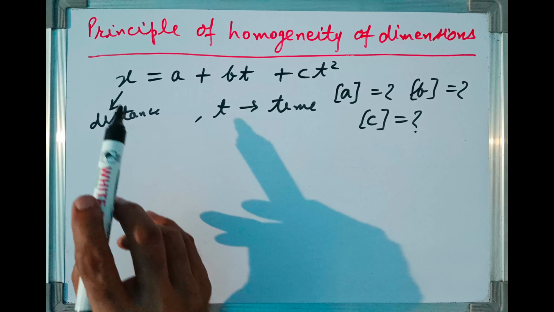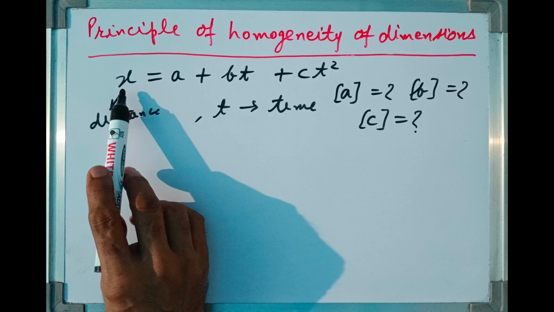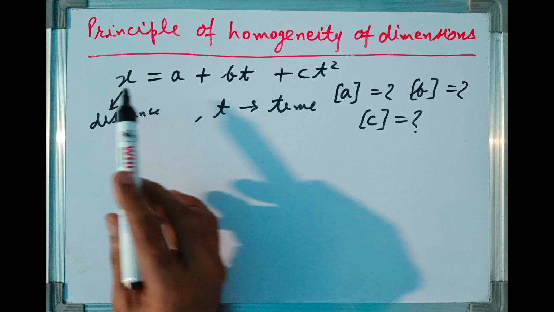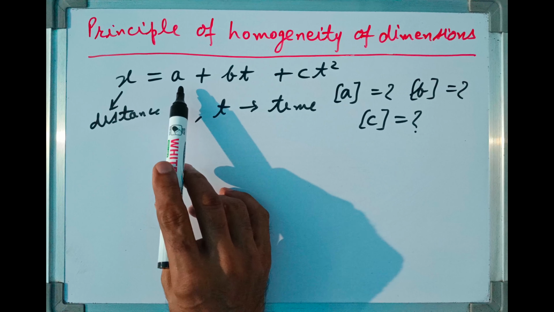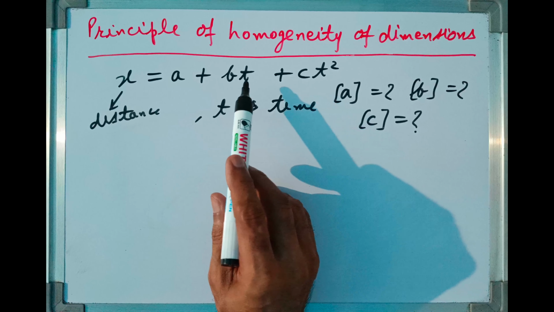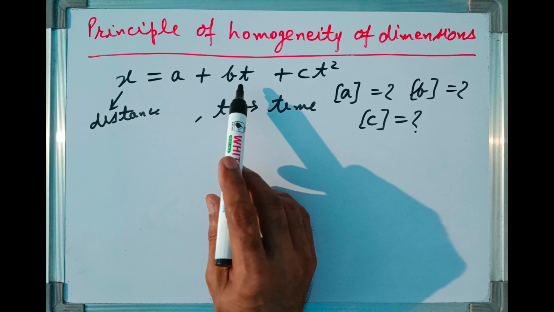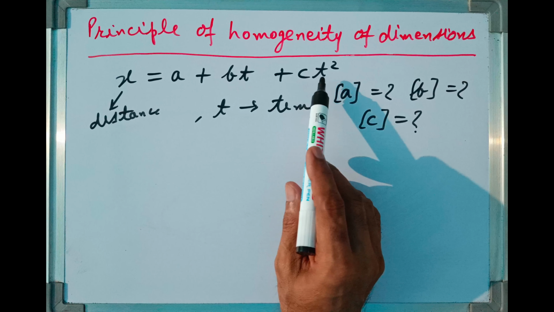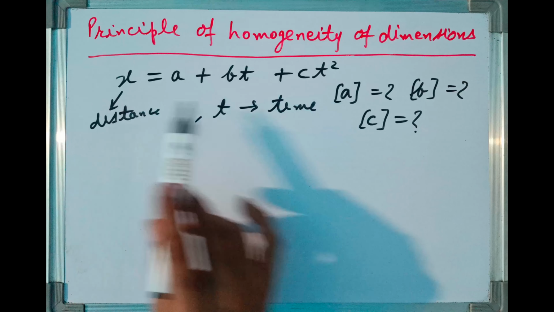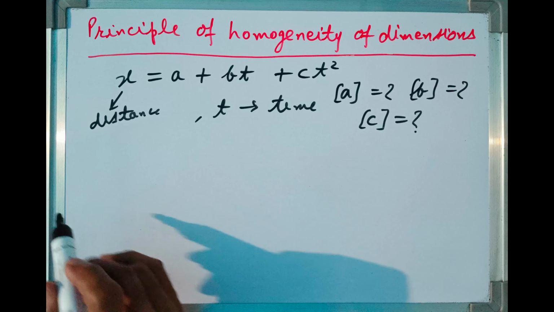This principle says the dimension formula of x on the left hand side, the dimension formula of a, the first term on the right hand side, the dimensional formula of bt and the dimensional formula of ct square, all these terms must have the same dimension formula.